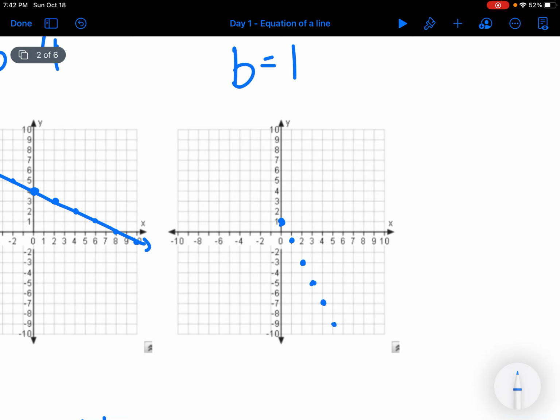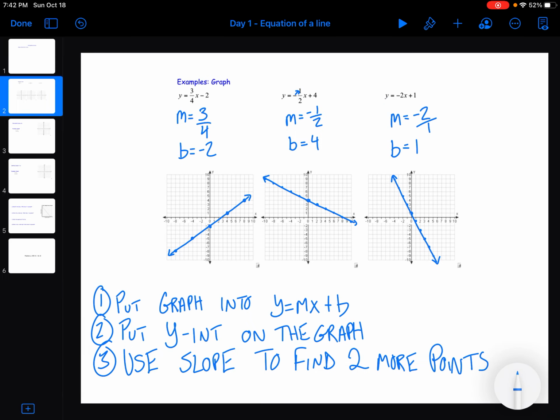Or I could go up 2 and left 1, and look at all those dots again. Then when I connect the dots, it's a nice straight line, and I can put arrows on the end. Again, you need to have at least 3 dots.